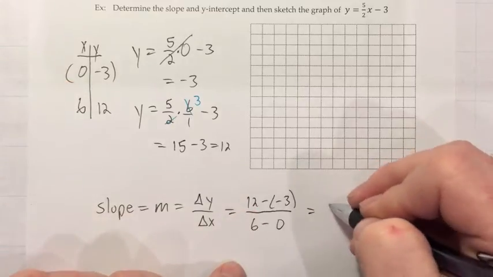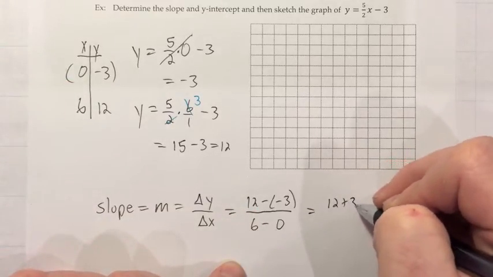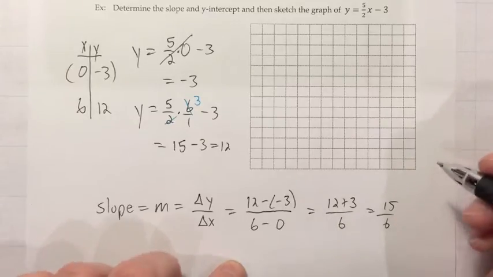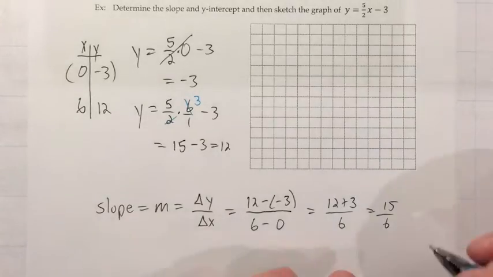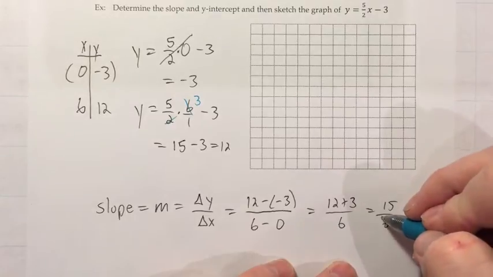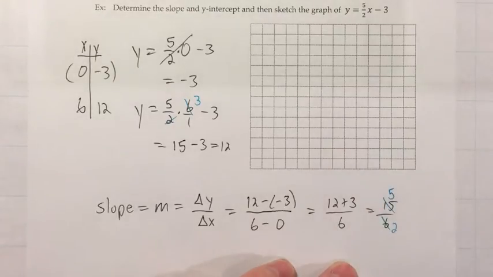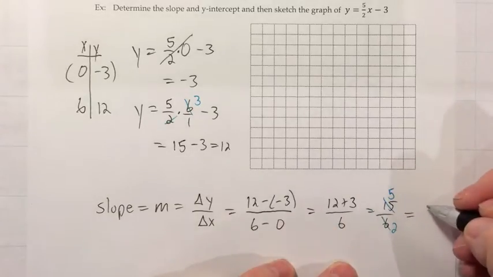Two negatives there make a positive, so 12 plus 3 over 6, or 15 over 6, or if we reduce it, this 6 and 15 have a 3 in common. 3 goes into there twice and into there 5 times. So that reduces to 5/2.